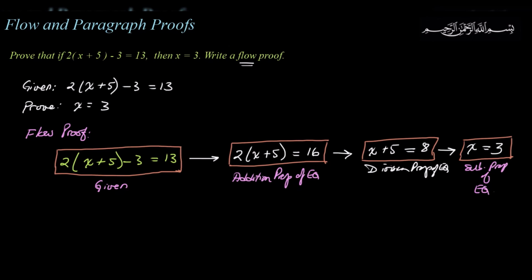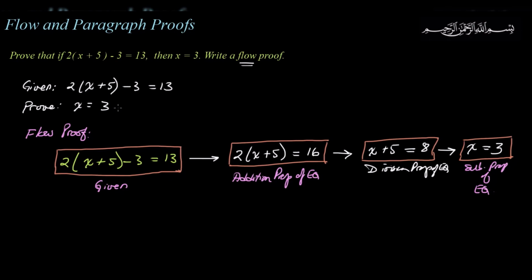The subtraction property of equality says if A is equal to B, then A minus C is equal to B minus C. And hence we have proven that if this given information is true, then we can arrive at this conclusion that x is equal to 3.